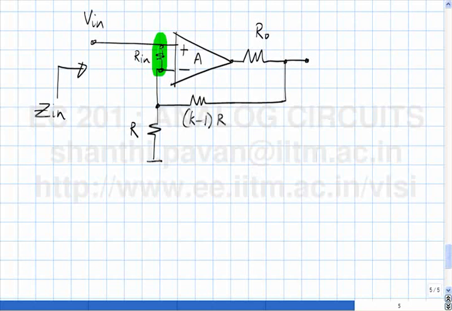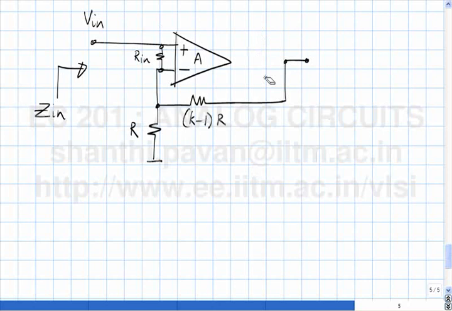Ideally, an op amp, as you have seen, has got infinite input impedance, zero output impedance, infinite gain, and so on. And it's quite easily conceivable why the input impedance of an op amp might be finite. Do you think it will be finite when you have a MOS based op amp or when you have a bipolar transistor based op amp? Why? So beta is not infinity, so when you have a bipolar transistor based op amp, you end up with finite input impedance. So now let's see what happens to the input impedance once you apply feedback.